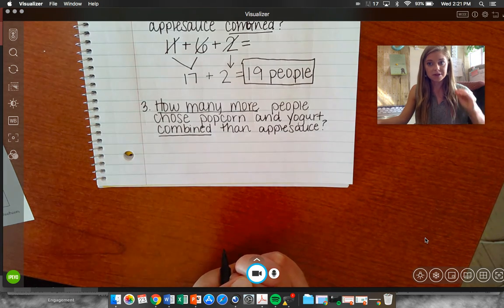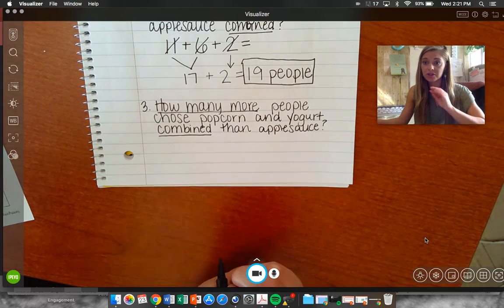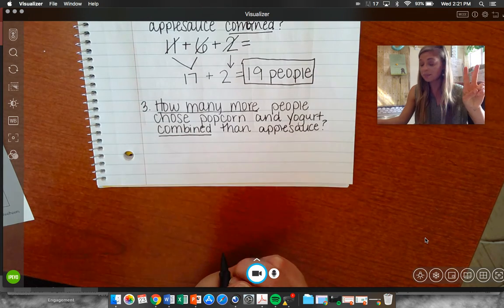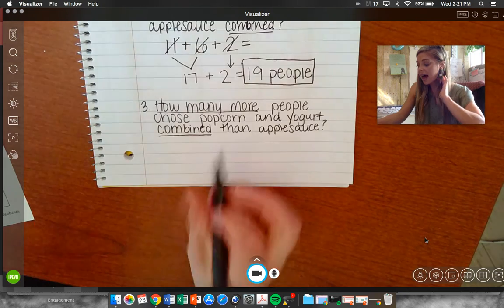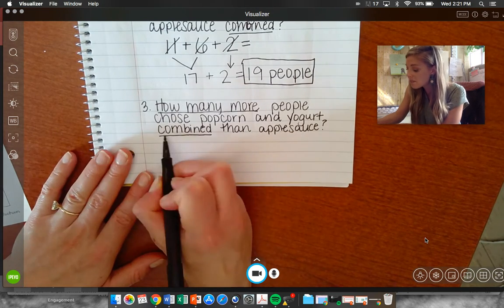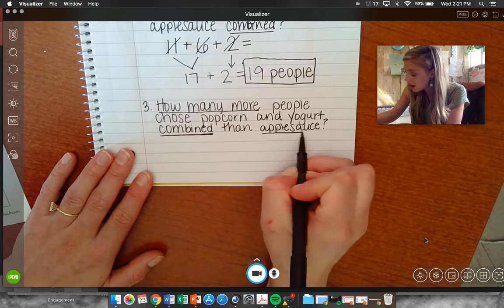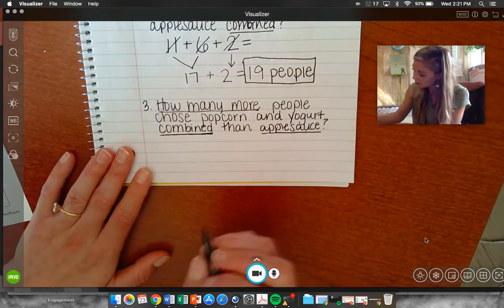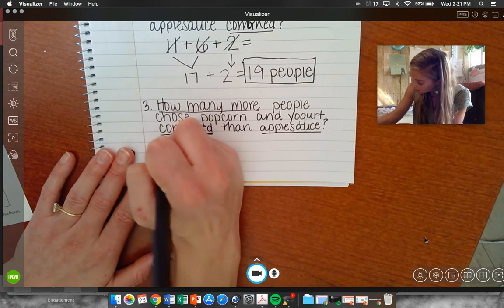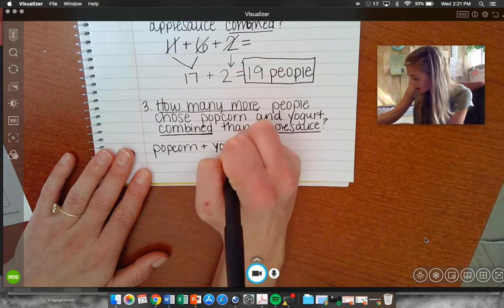Let's break it up into 2 parts, okay? If you see words that mean to add and subtract, you're gonna have to do a 2-step problem. How many more people chose popcorn and yogurt combined than just applesauce? So how many people chose popcorn and yogurt combined?